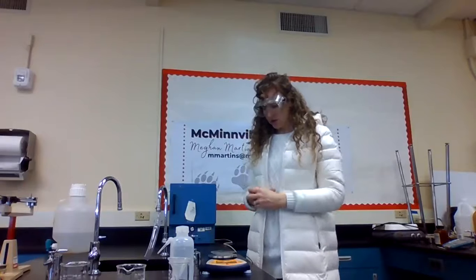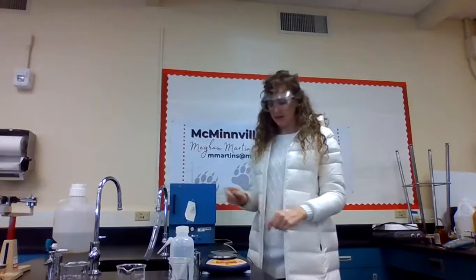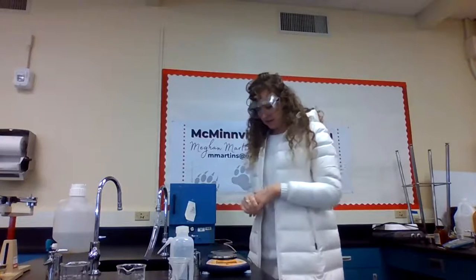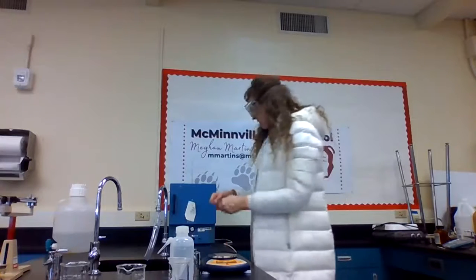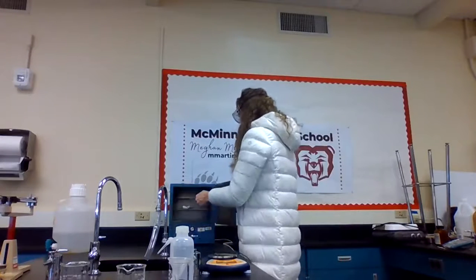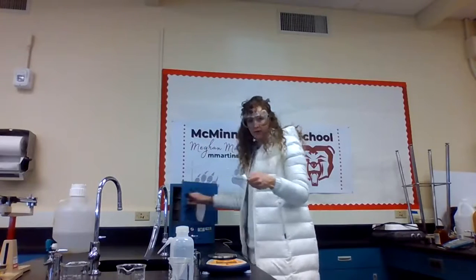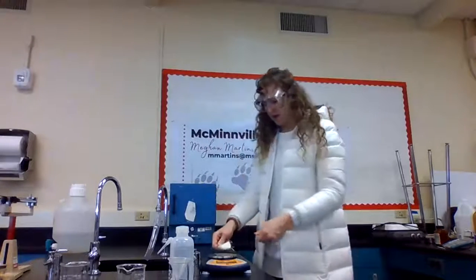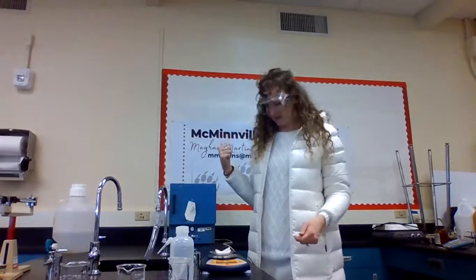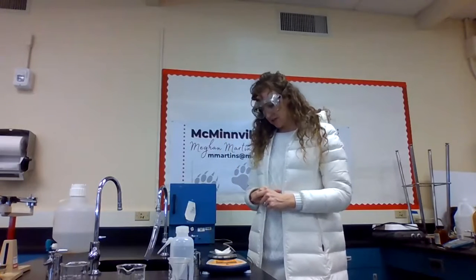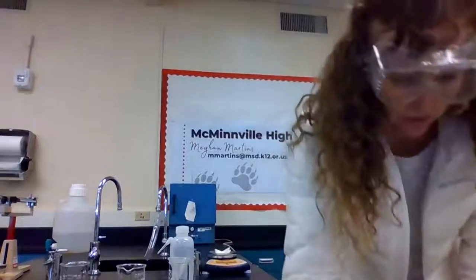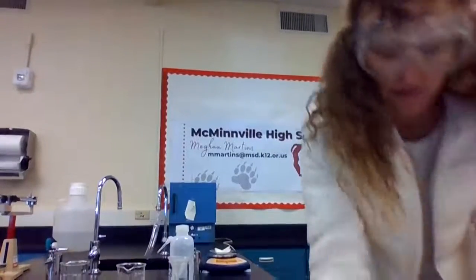So I'll put the cool watch glass on the scale and zero it. And then I'm going to pull out just what's on the filter paper and leave the hot watch glass in the oven. And it says 3.3. Ooh, that's a pretty good loss.